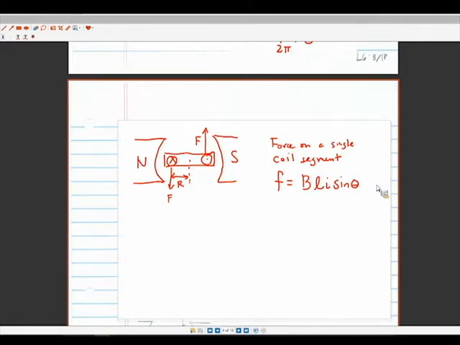Theta is not the angle of rotation here. Sorry to mix things up, but this theta here is the angle between the B field and the current. So we have the B field in this direction, and then in the case of the left-hand side, the current is going into the board, and so my thumb and my fingers are at 90 degrees from each other. So we're actually going to get the maximum amount of force in this orientation.